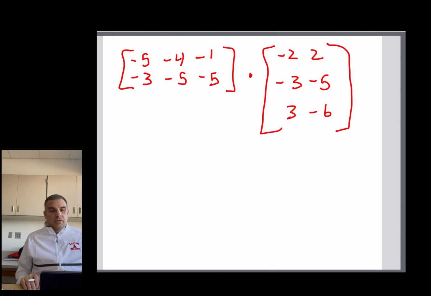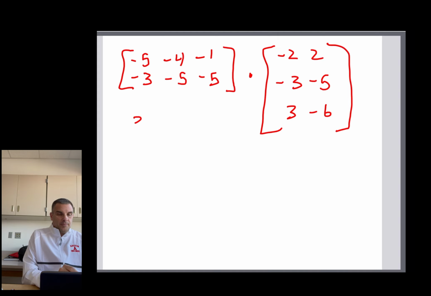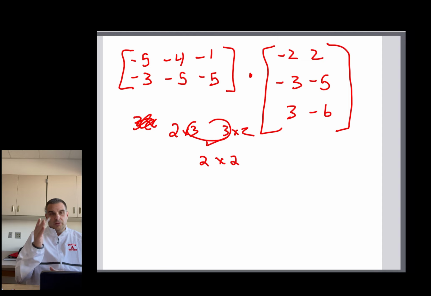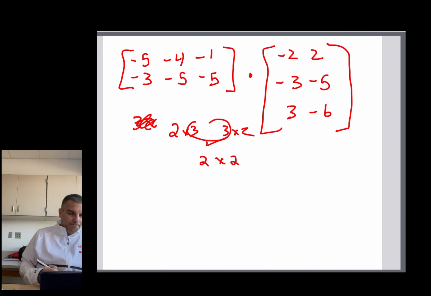Okay. Why don't you go ahead and check to make sure it can be done. You've got a 2 by 3 and a 3 by 2. So, yep, it can be done, and the result's going to be a 2 by 2. So go ahead, see if you can get to the solution.